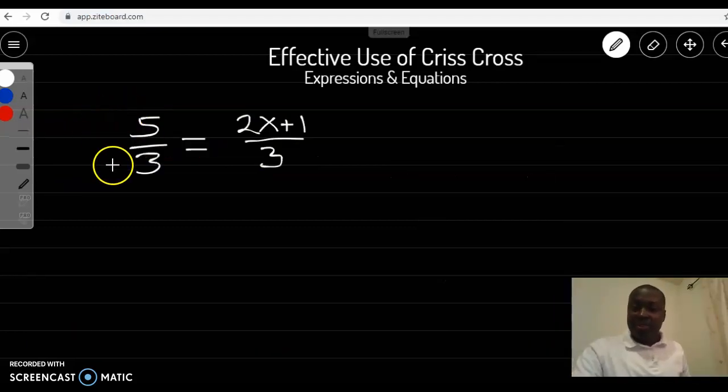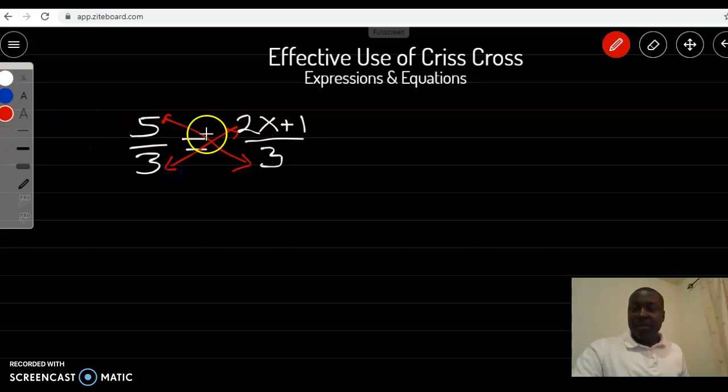Okay, let's use it to solve this rational equation. So here, Criss Cross, which is top to the bottom, across top to the bottom. Okay, here since we have 2 terms, we have 2x and plus 1, you can as well put the parentheses around.